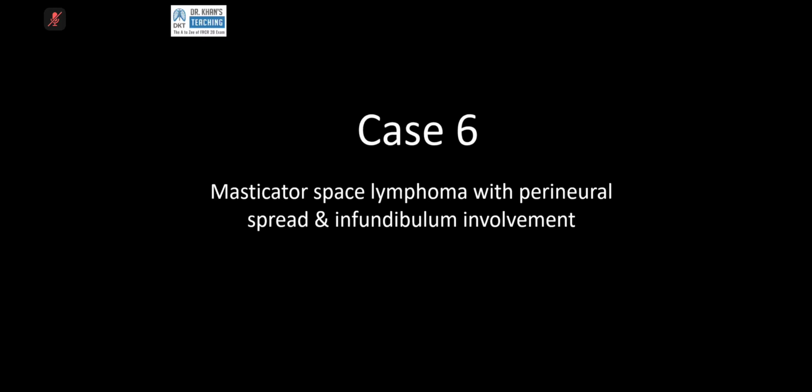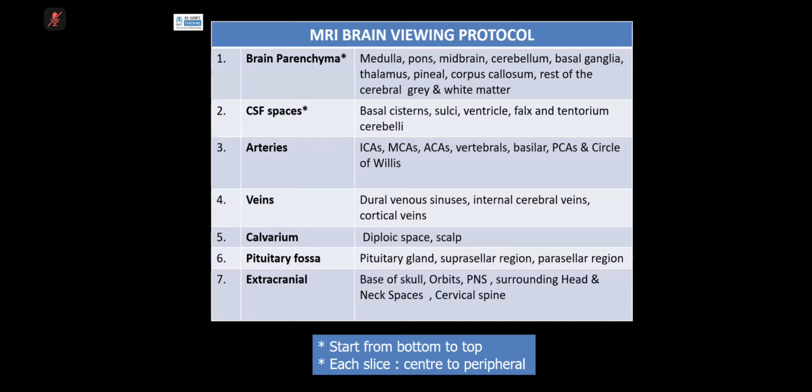So the idea of this case is that, first of all, this was an edge of the film case, where the candidate did very well, picked up the finding because there was something happening in the infundibulum, and then picked up this finding in the masticator space on the left side. On the left side, it was a different signal, and this becomes an edge of the film case, telling you how important your protocol is.